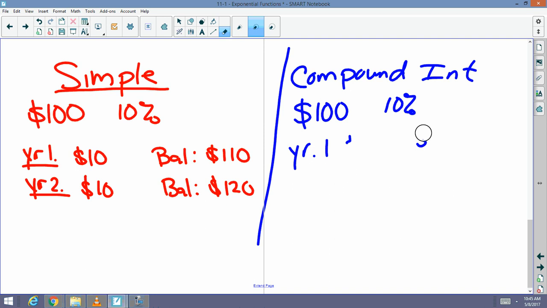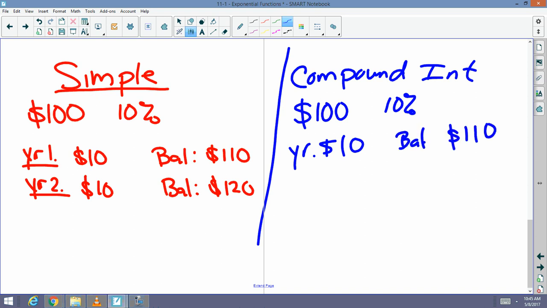Now your balance is 110. Cool. Everyone's happy. Great. Now, year two, though, guys, guess what? It's 10% of the balance. So in year two, you make $11. So you got 121.